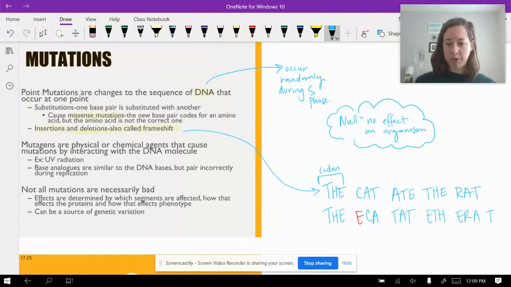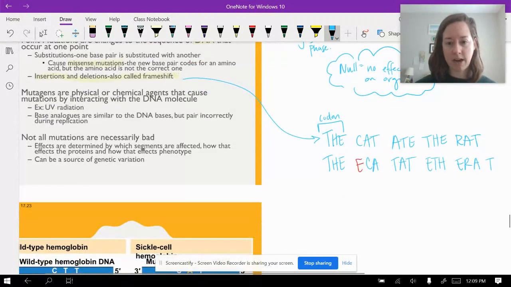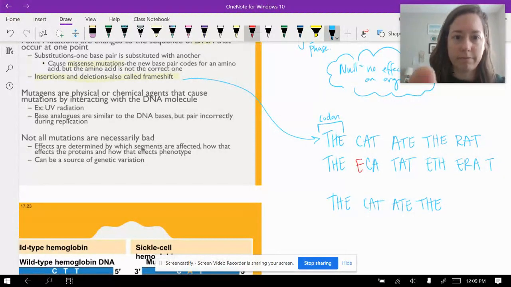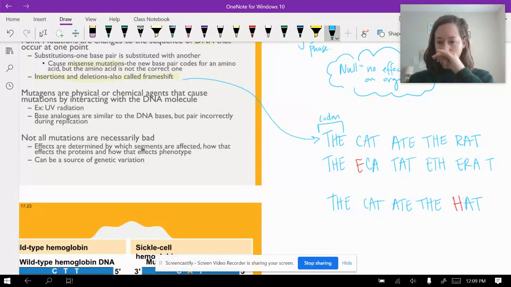It's a much, much bigger change than if we were to have, I'll do a substitution. So in this case, we had a substitution here. You can see the change is a lot smaller.